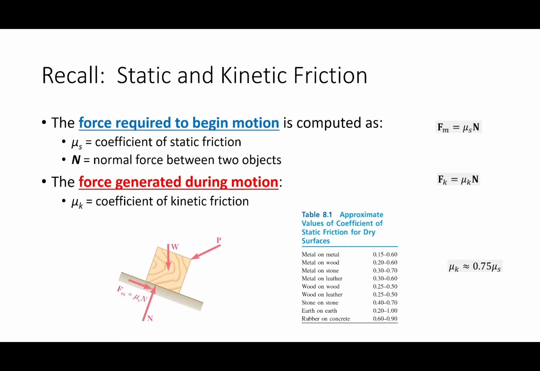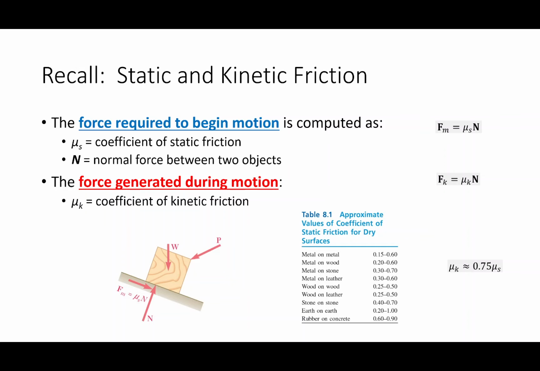So, for example, if we're looking at this box, this would be a somewhat complicated situation. I don't want to say complicated, but you'd have to do a little bit of work on this. The block has a weight W. That weight acts in the direction of gravity. It acts downward regardless of the inclination of the ramp.